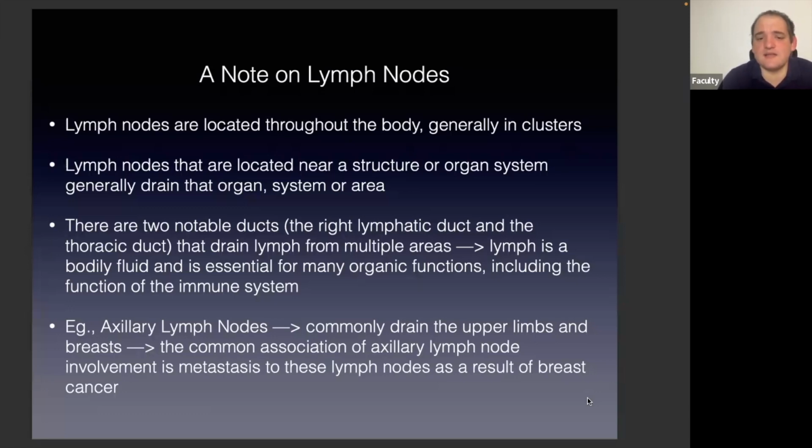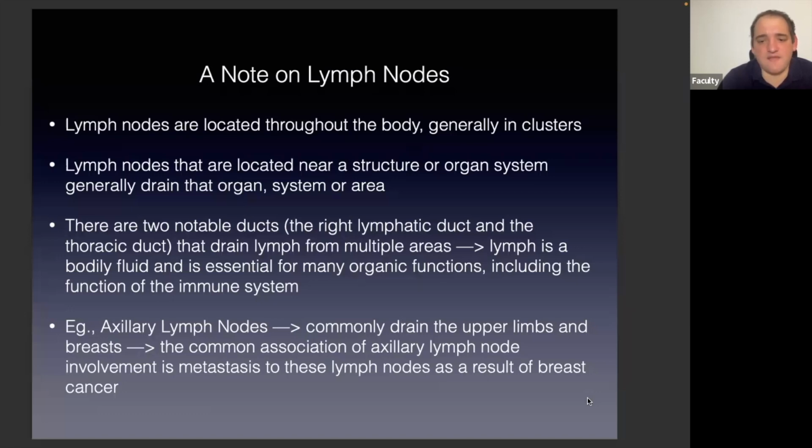Like I said, whenever metastasis occurs, it's one of the worst possible prognostic factors for any type of cancer, because for breast cancer, it means the cancer that was in the breast has spread beyond that tissue and is now in a completely different area of the body, such as the lymph nodes.